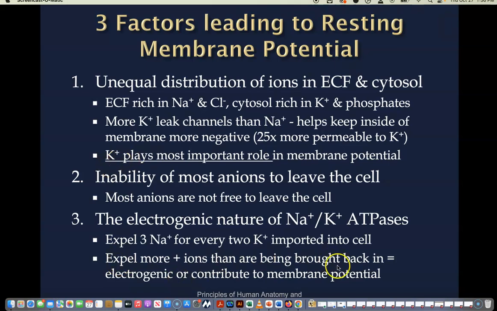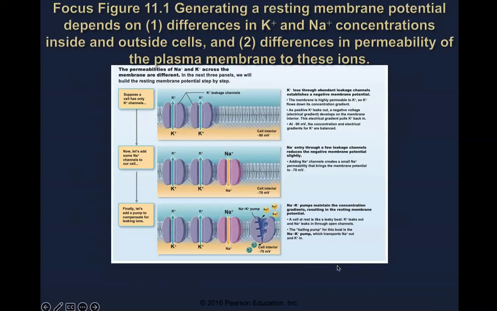Now let me show you some actual images of this. Here you can see they're showing potassium leaking across. So much potassium leaks across that the cell interior becomes quite negative, at negative 90 millivolts, because all of these positive charges are leaving, and that leaves a buildup of negative charges.